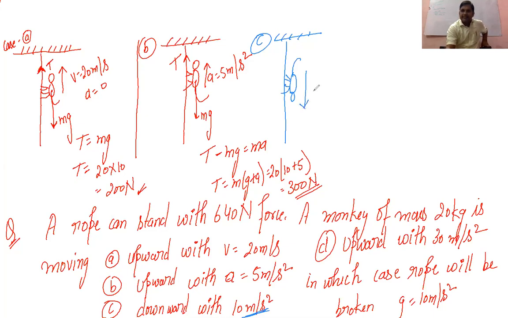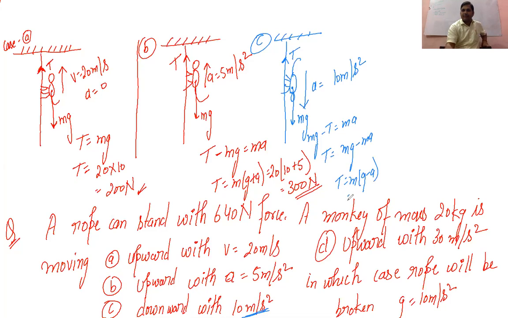Now you can see the mg will be once again acting downward and tension force will be acting upward. We can write the equation for it. Mg minus T is equal to ma, and this tension will be your mg minus ma. Tension will be your m into g minus a.